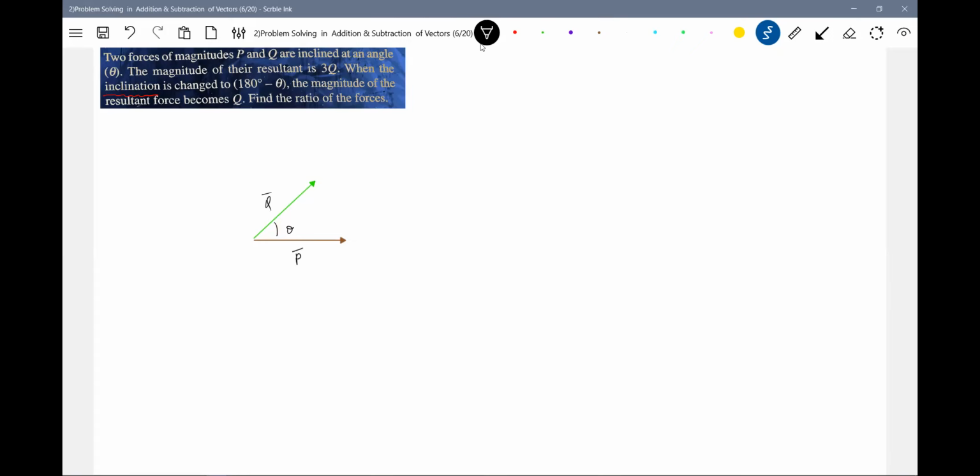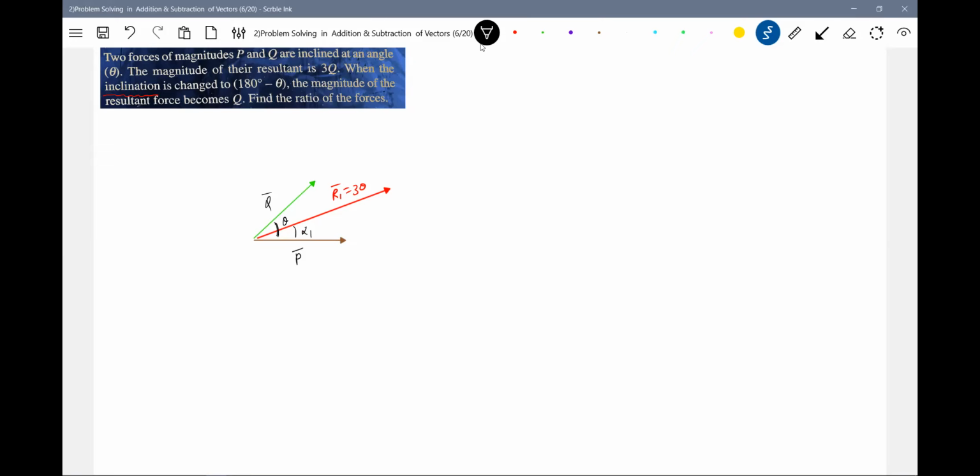This is Q bar, P bar, and the resultant of that is 3Q. The resultant R1 bar equals 3Q.